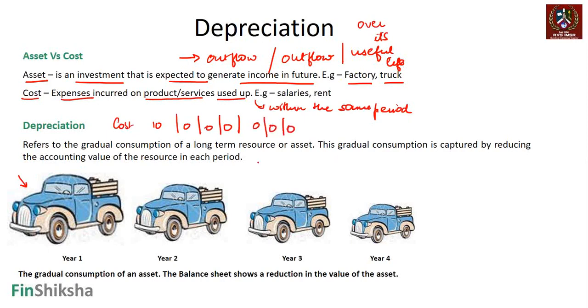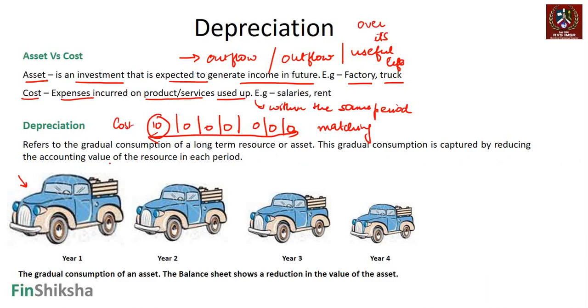Remember, in finance and in accounting, we work with the principle of matching revenues to the expenses that are taken in order to create those revenues, right? So we have to basically divide this cost over the useful life of the asset so that the revenue it generates can get matched with the cost that is taken.